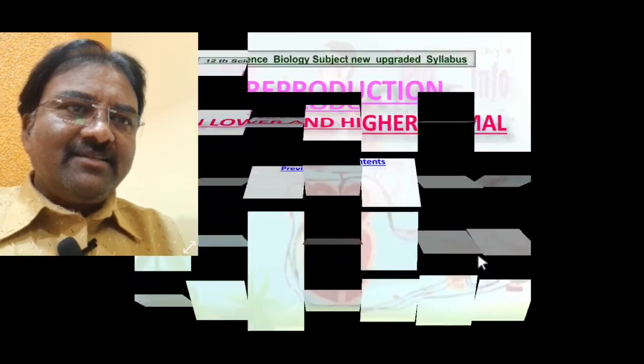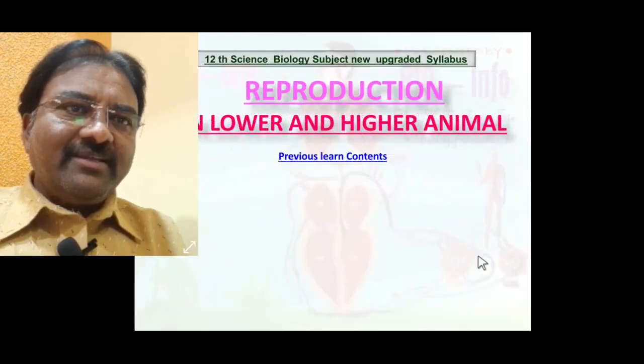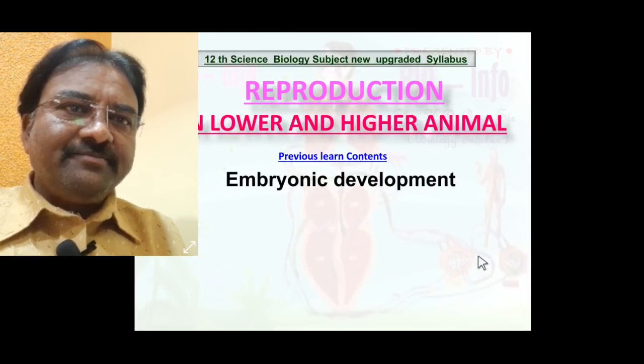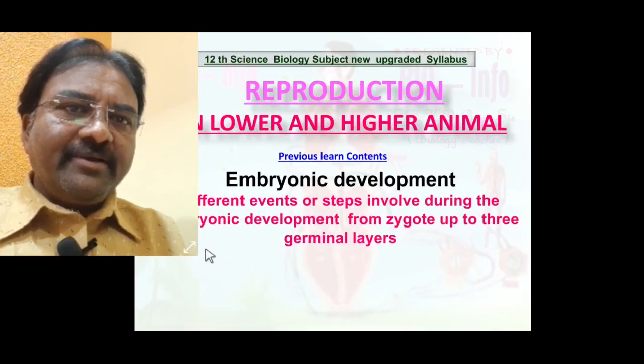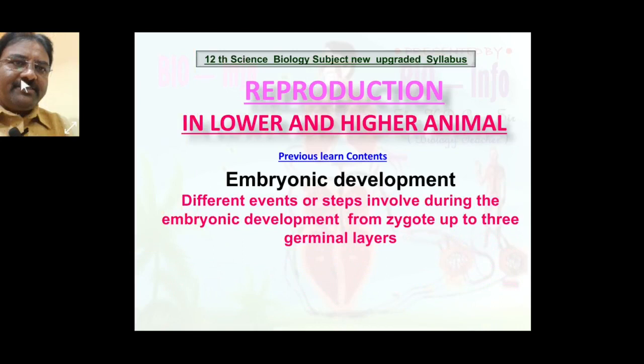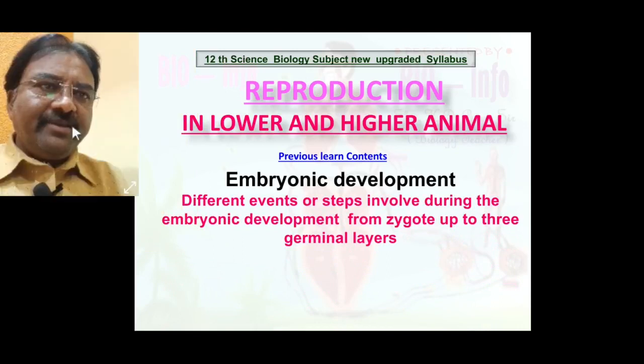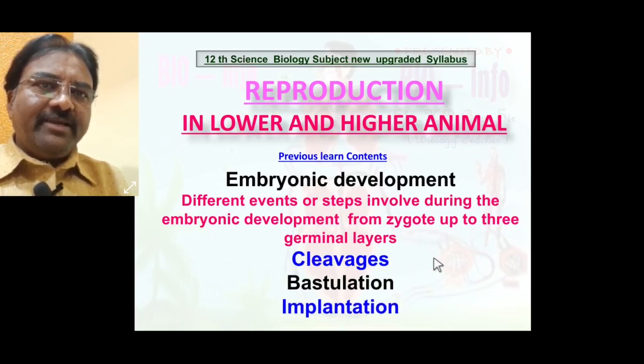In the last lecture we discussed embryonic development in detail: the different events or steps involved from zygote up to the three germinal layers, namely cleavage, blastulation and implantation.